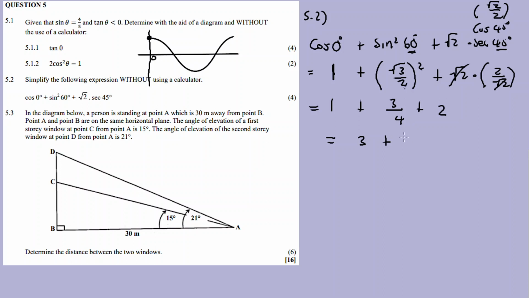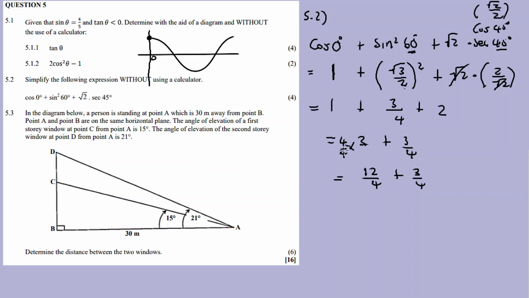Plus 3 over 4. Or here's another way of solving with fractions. You just multiply by 4 over 4. Why am I multiplying by 4 over 4? So that this 3 changes into a fraction with a denominator of 4. 4 times 3, 12 over 4 plus 3 over 4.